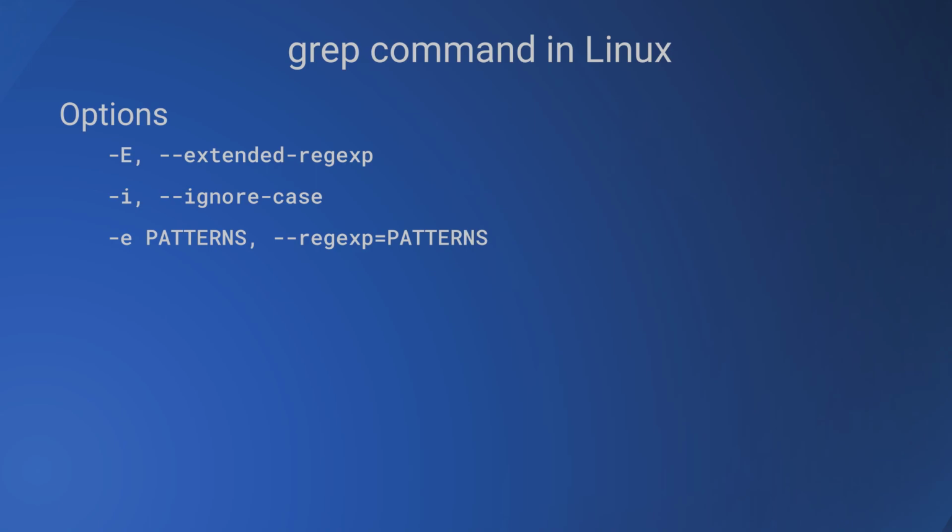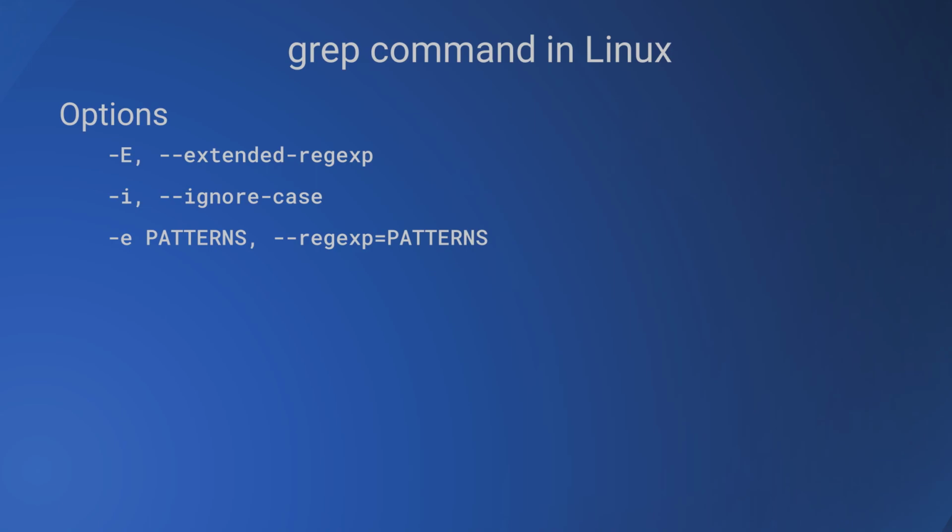The next option is -e patterns or --regexp equal to patterns. With this option we can pass patterns to grep, and we can use this option multiple times. Notice the plural patterns. With a single -e option, you can pass multiple patterns.